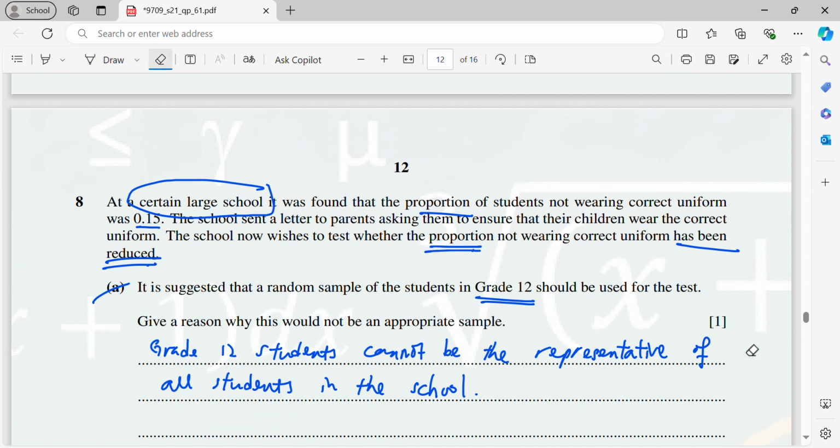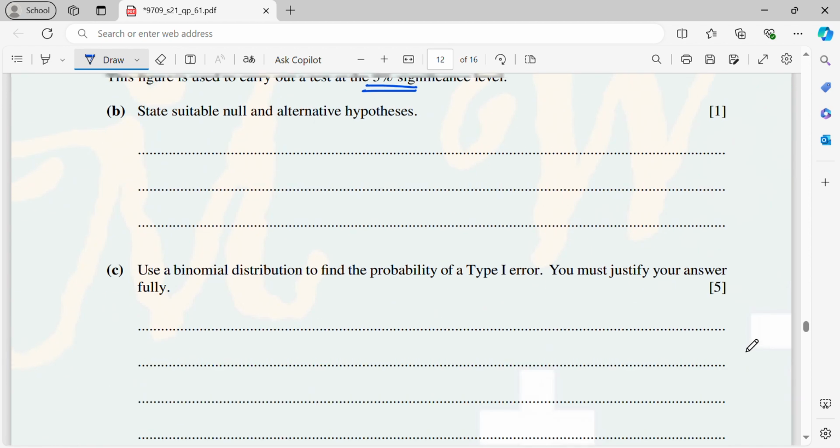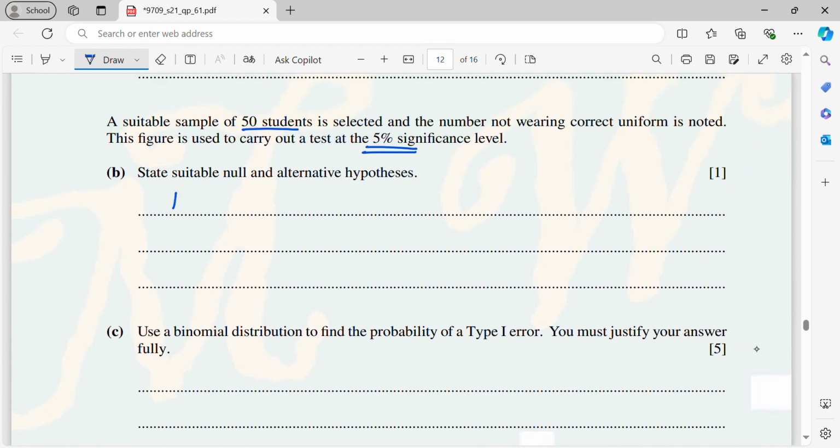You were given the proportion was 0.15 in the beginning. So our null hypothesis, which is H0, will be P equals 0.15. And you need to check whether it has been reduced. So P less than 0.15. That is our alternative hypothesis.